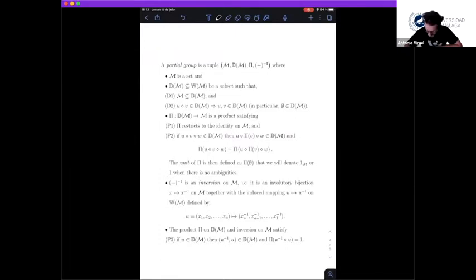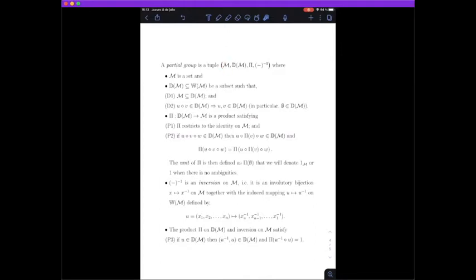I'm not going to get too much into detail, but essentially, as Ellen said, a partial group is a tuple like this one, right? If you want to think how close this is to a group, this will be the set on which the partial group structure is defined.